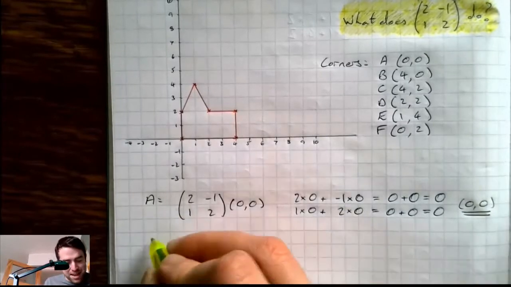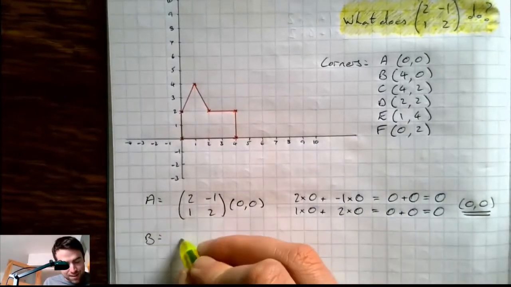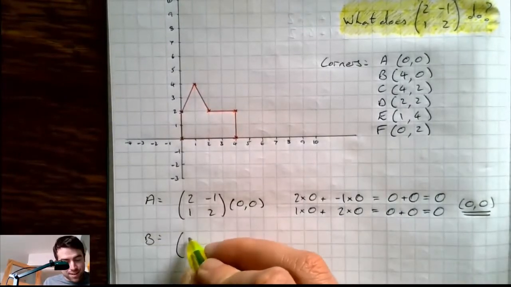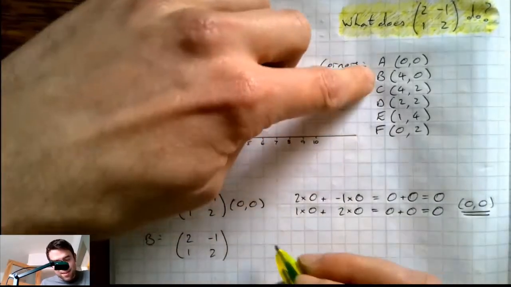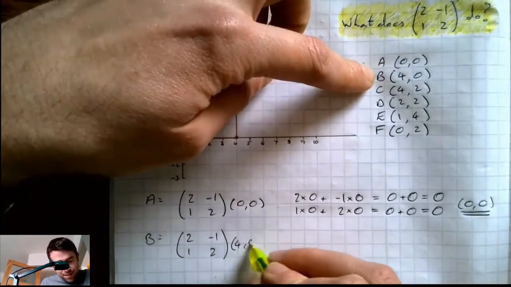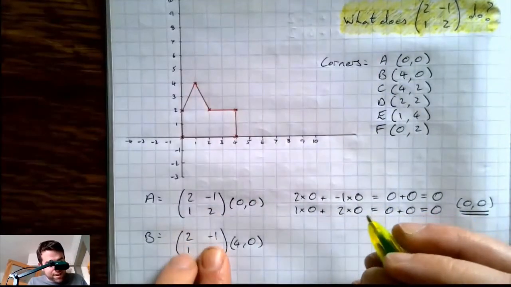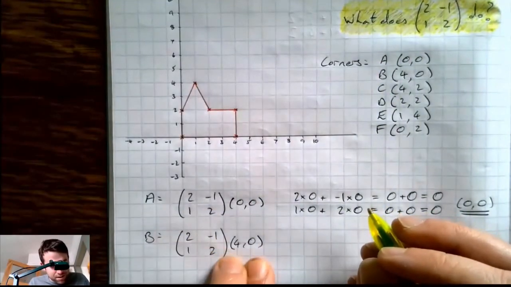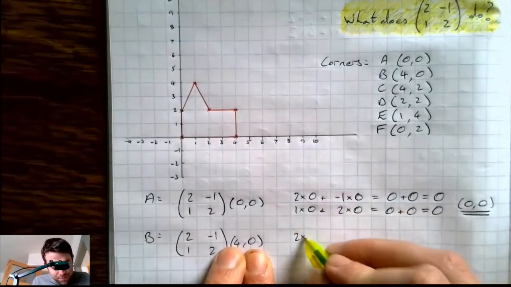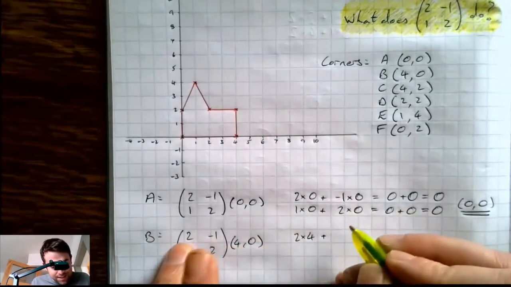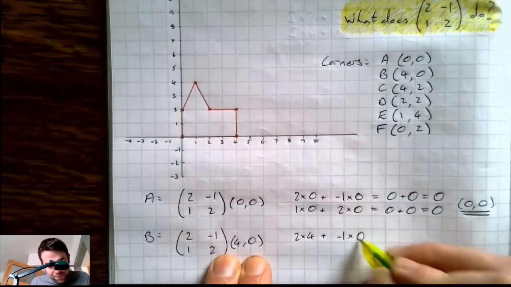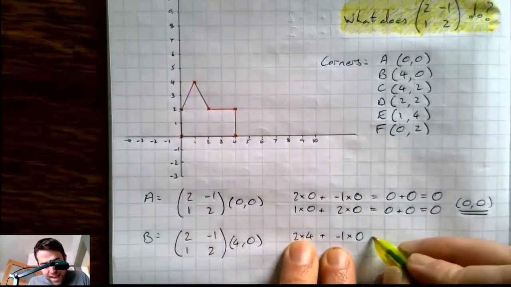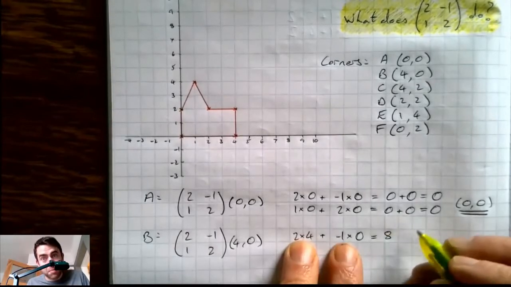Okay, let's do it to B. So we have 2 times 4, add -1 times 0. So 2 times 4 is 8. Anything times 0 is 0.